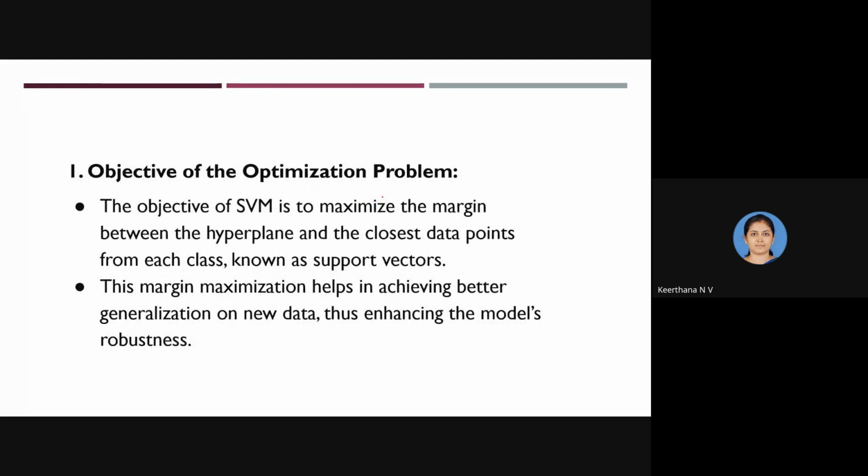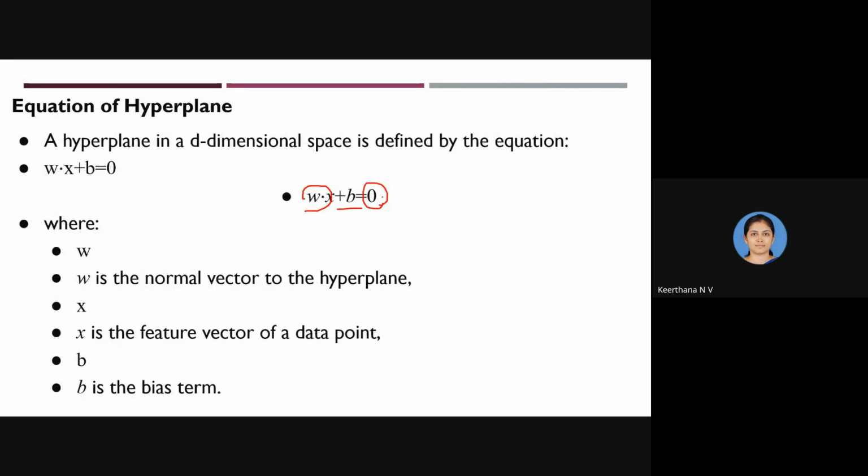And there are two types of classes, positive and negative classes. For positive classes it can be plus 1, and for negative classes it can be minus 1. So if this value is greater than or equal to 1, it can be a positive class. If it is lesser than minus 1, it can be a negative class.